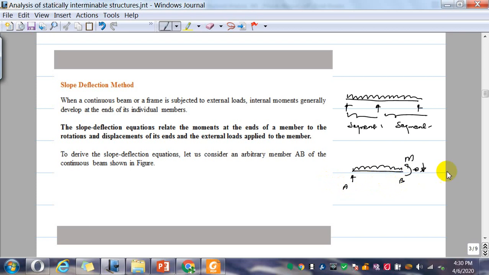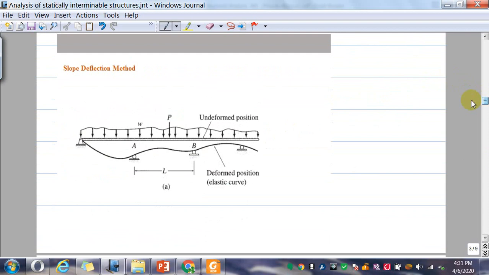To derive the slope deflection equation, let us consider an arbitrary member AB of the continuous beam shown in the figure below. This is a random section which is loaded by a point load and a uniformly distributed load, and once it's loaded it takes a deformed shape.